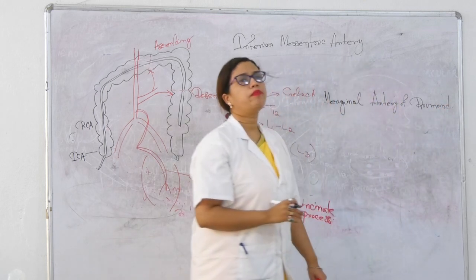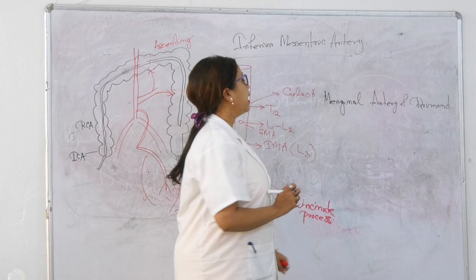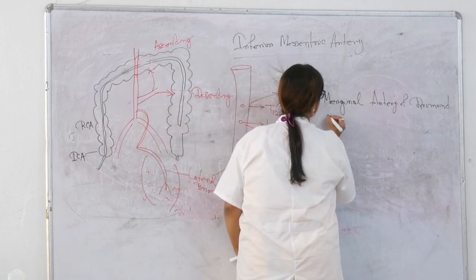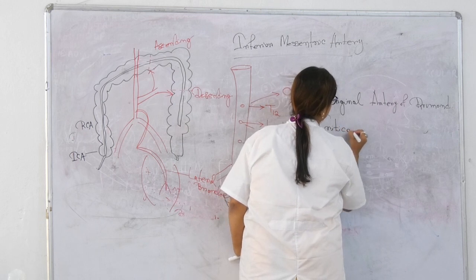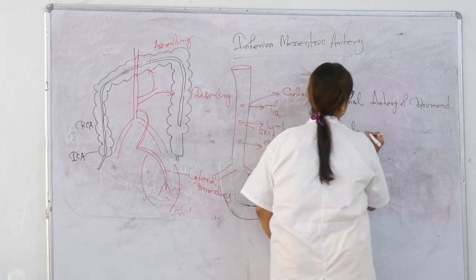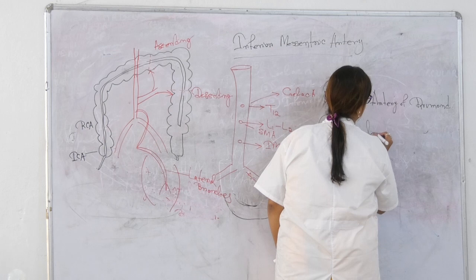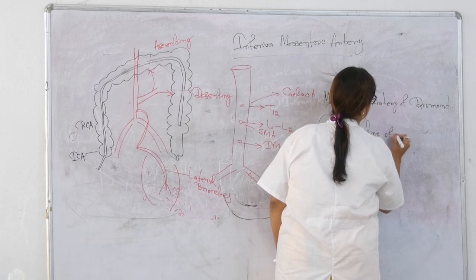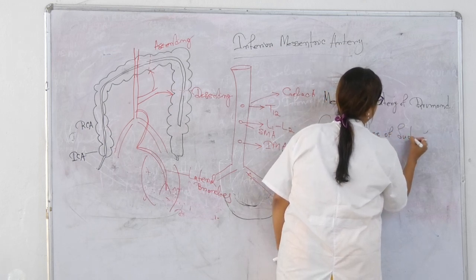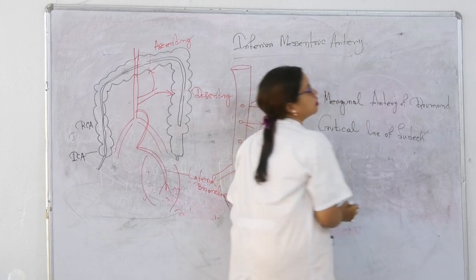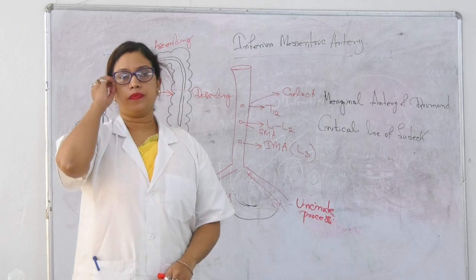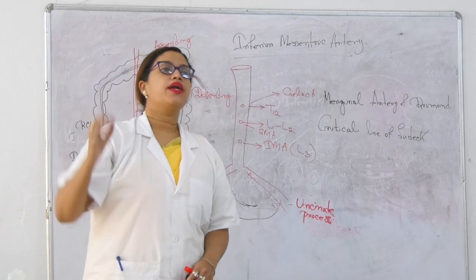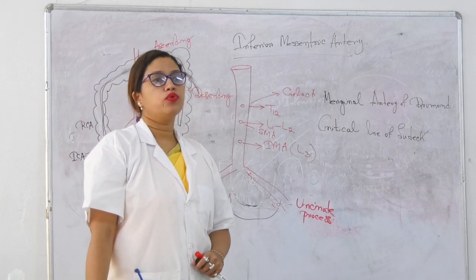And another point is, which one is known as critical line of Sudeck? There are two things. One is, what is marginal artery of Drummond?